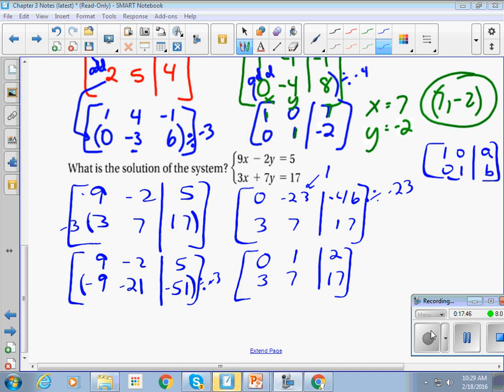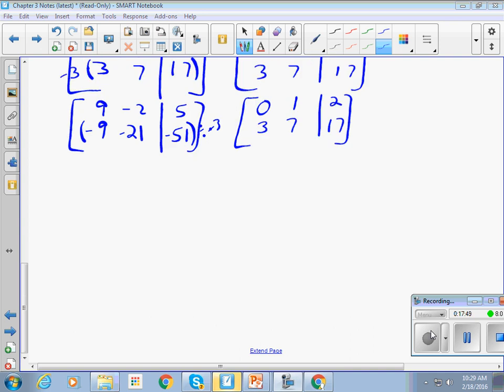So we can go ahead and switch these. 0, 1, 2. Then I'm going to eliminate the 7 by multiplying my bottom by -7.